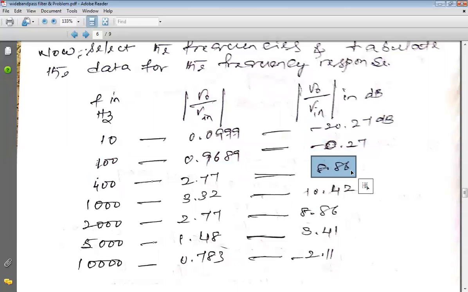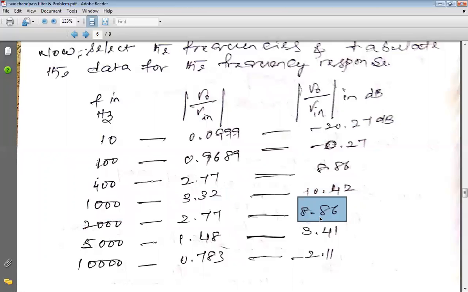Next, for 1000 hertz, the magnitude of the voltage gain of the wideband pass filter is 3.32, and its value in decibels is 10.42. And then at 2000 hertz, automatically it will drop.